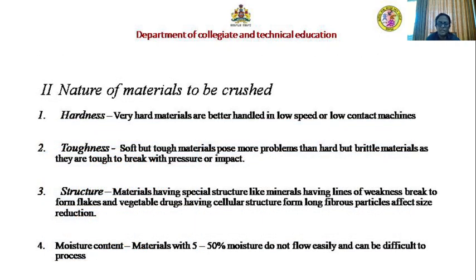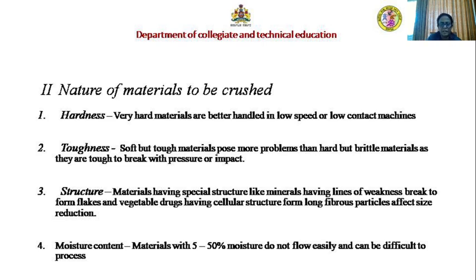The next thing that influences the operation of size reduction is the nature of the material that is to be subjected to size reduction. That is, the various properties of the materials influence the selection of equipment and the kind of force that you have to adopt to design a particular size reduction equipment.